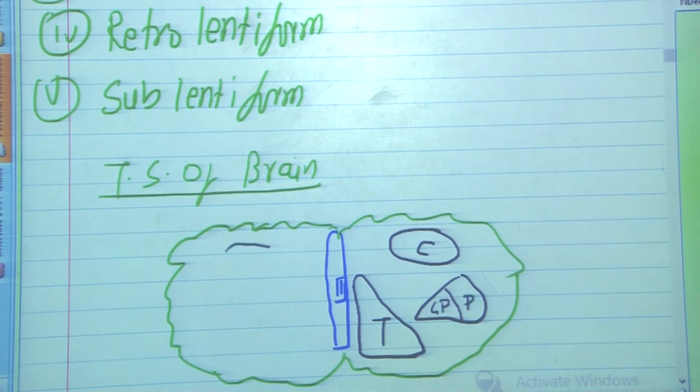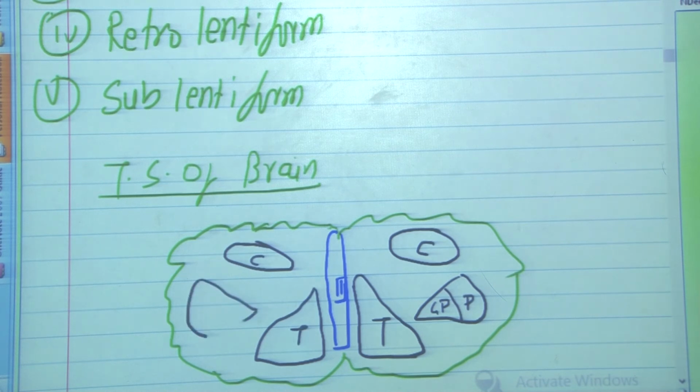The same story is here: this is caudate nucleus, this is thalamus, and these are the two nuclei, putamen and globus pallidus.